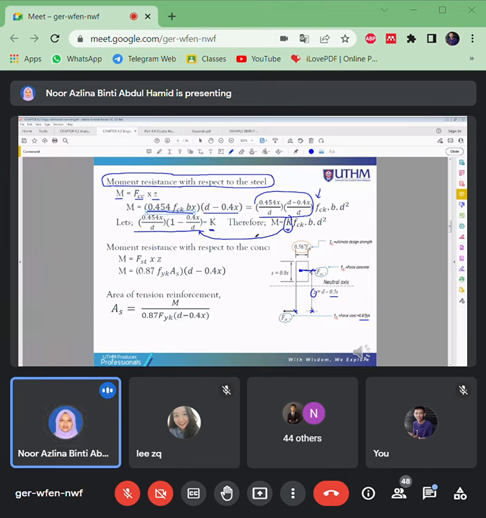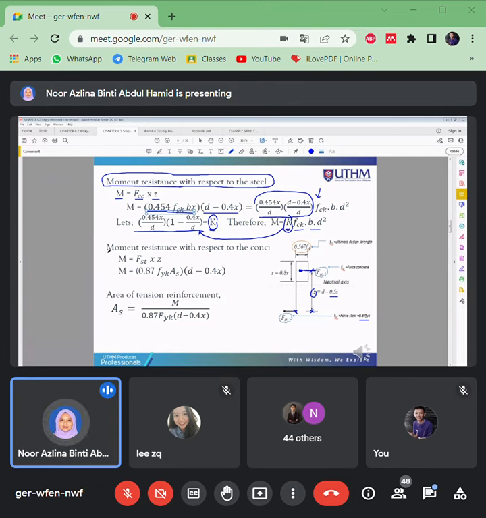That means simplified to K here, FCK BD to the power of 2 here. So this is how we calculate for the moments with respect to the steel.